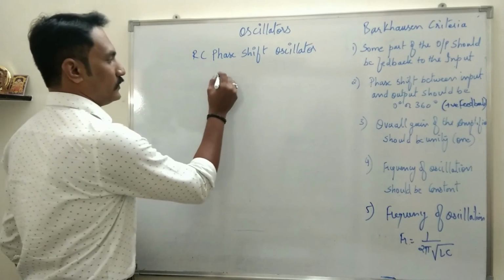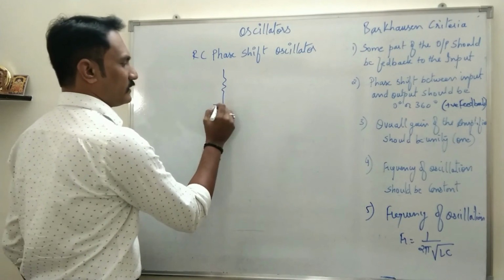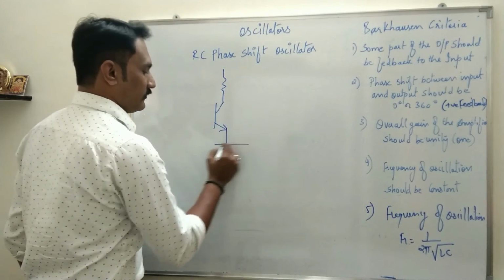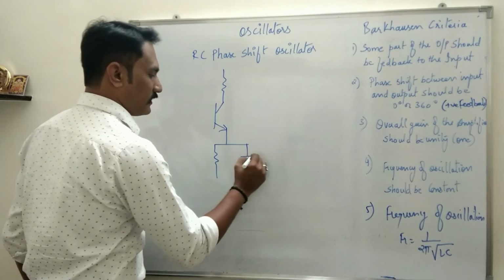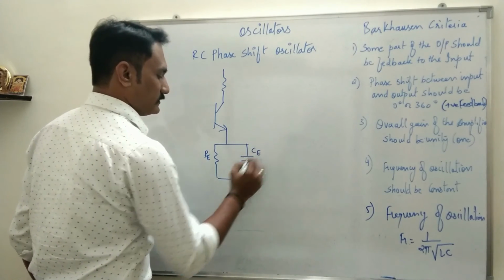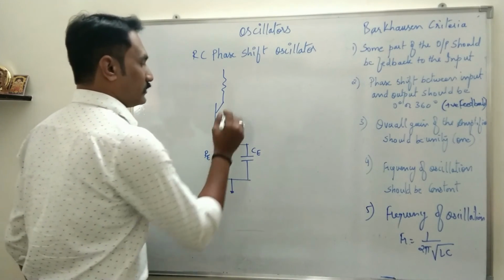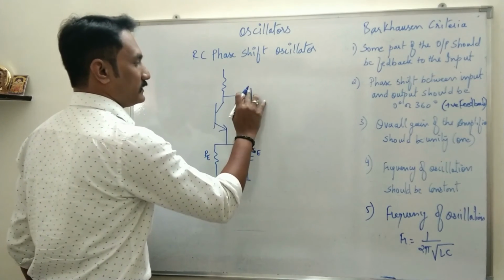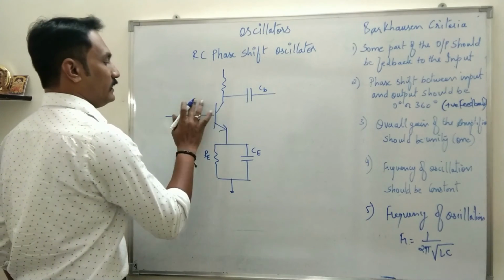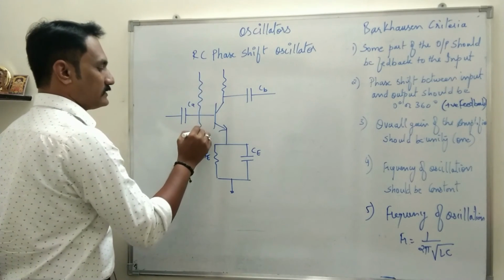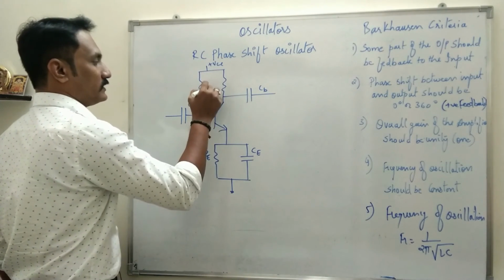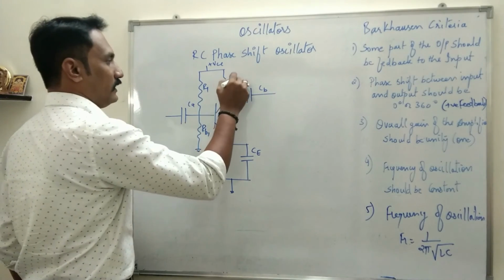The RC phase shift oscillator circuit diagram almost remains the same. We are going to use a common emitter configuration with a stabilization factor of R and C, that is the emitter resistance and the collector resistance. This is connected to ground, and this is the coupling capacitor CB, this is the coupling capacitor CA, and there is voltage divider biasing provided for stabilization of the quiescent point, that is R1, RB1 and RC1.